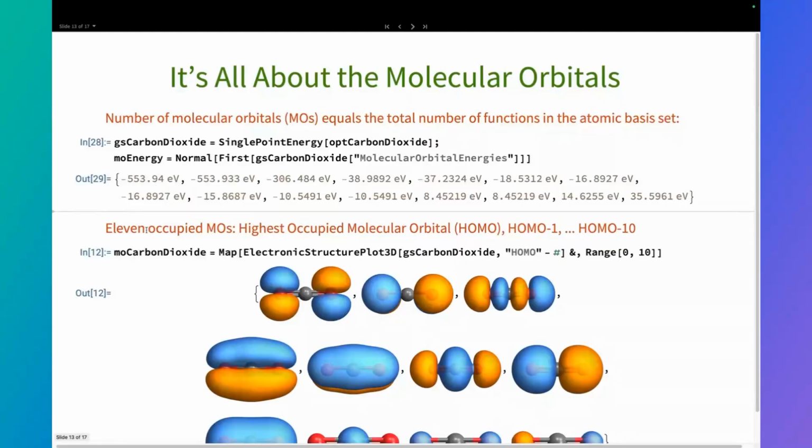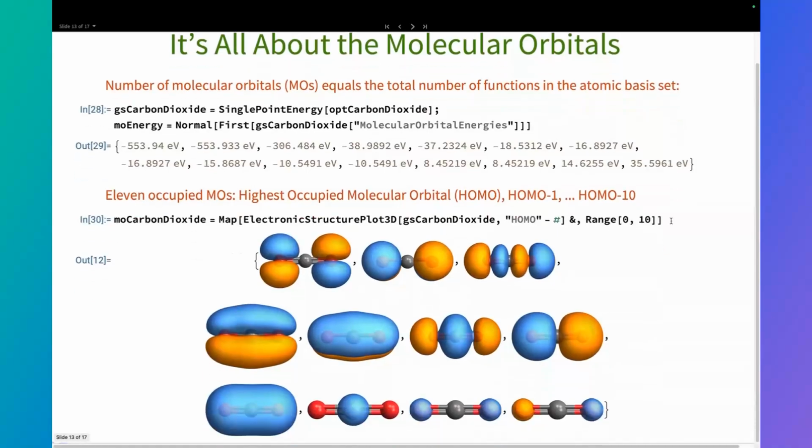So that means we need the 11 highest occupied. So we start with HOMO, the highest occupied molecular orbital, and then count down. And here we go. We can just run, and the pictures are already here, but we get those 11 molecular orbitals back out. And what we're seeing is that you're looking at the molecule with its orbitals plotted right on top of it.